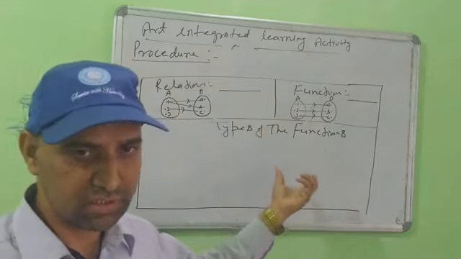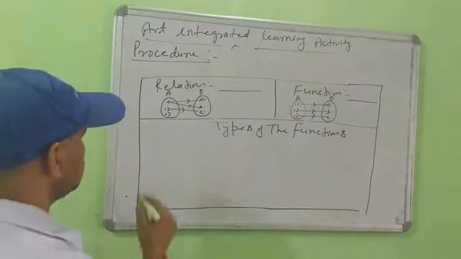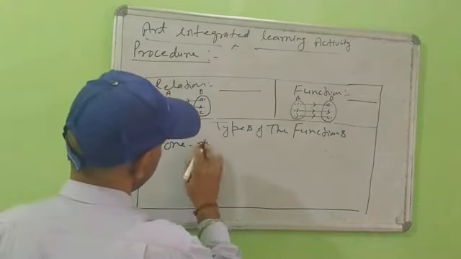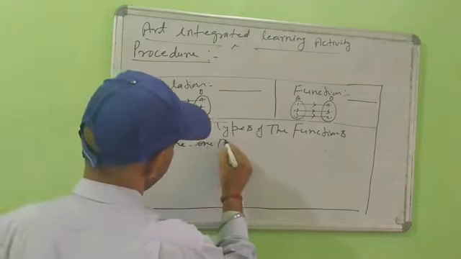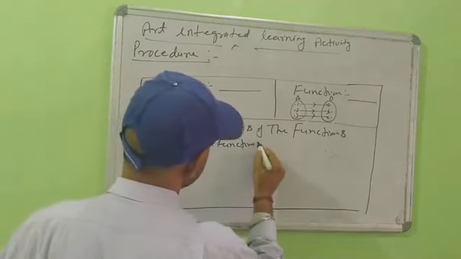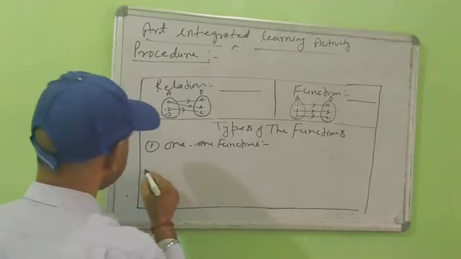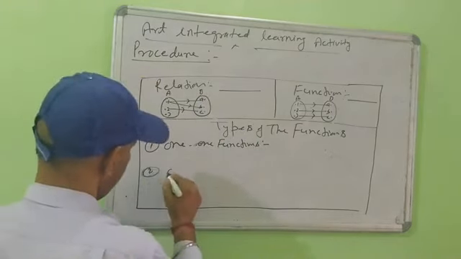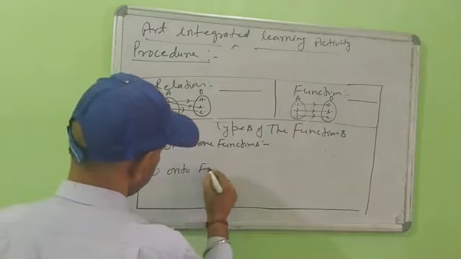First, you will use here one-one function. Second type of function here: onto function.